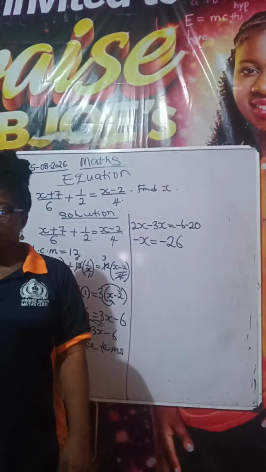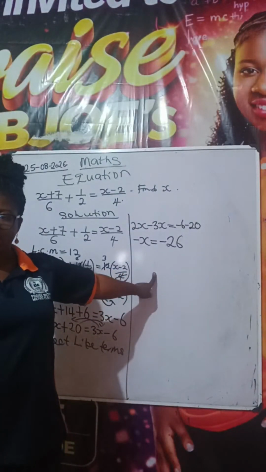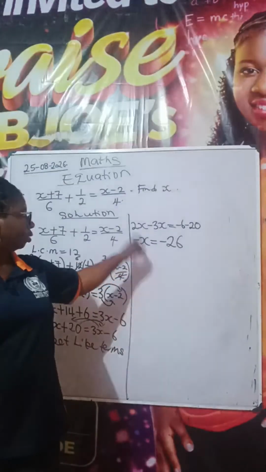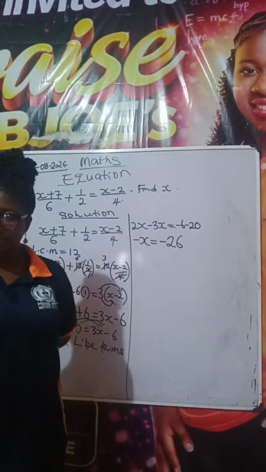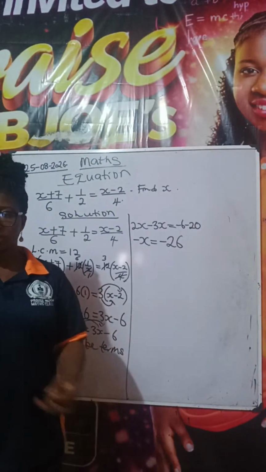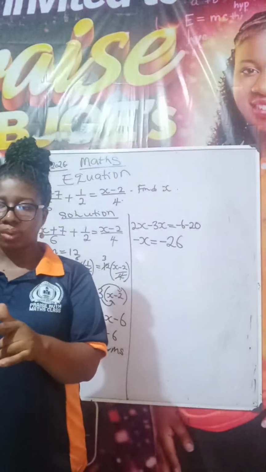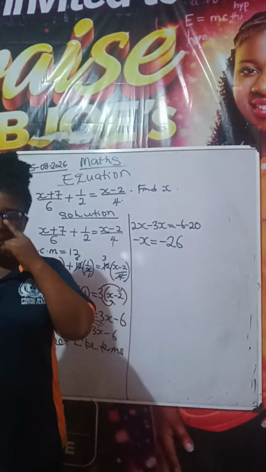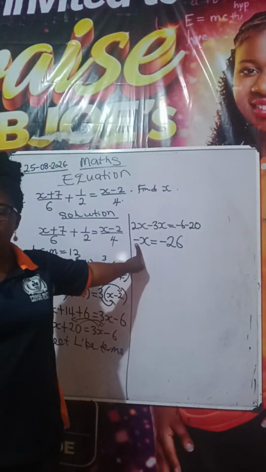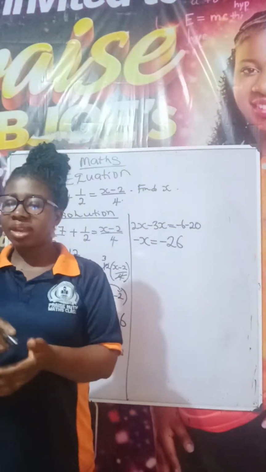Yes. Now, is this the final answer? Are we done with this question? No? Okay, thank you very much. No, we are not through with it. Do you know why? Look at it. Because the x is carrying minus, and we are looking for x. They did not say minus x.